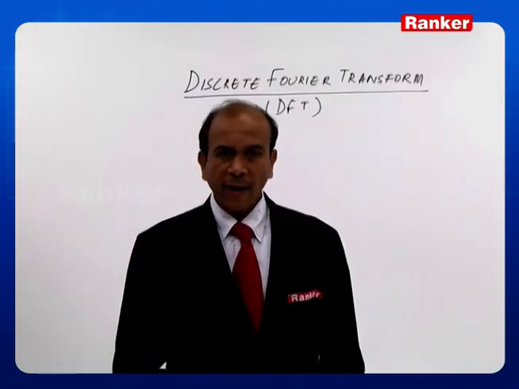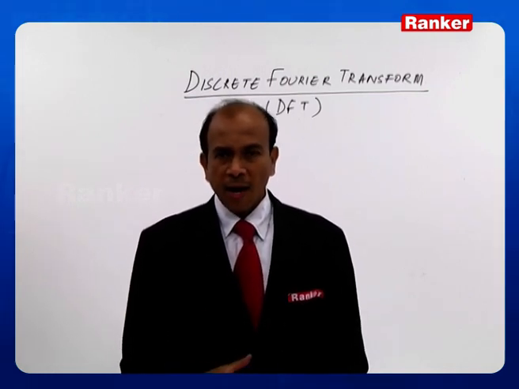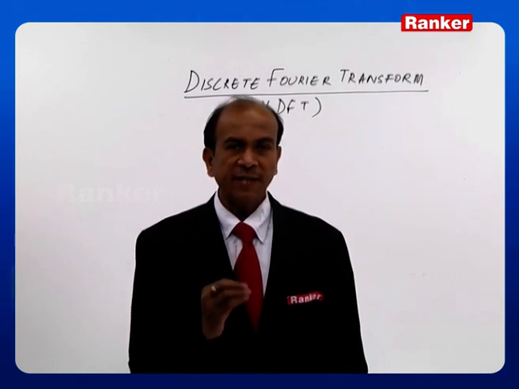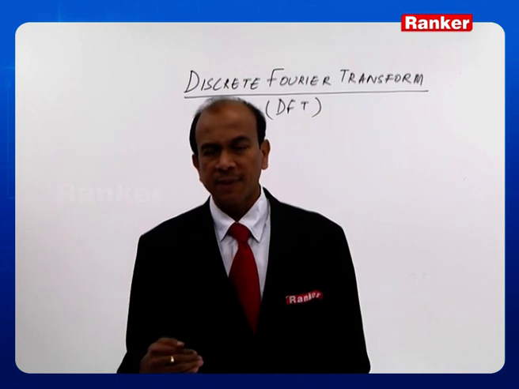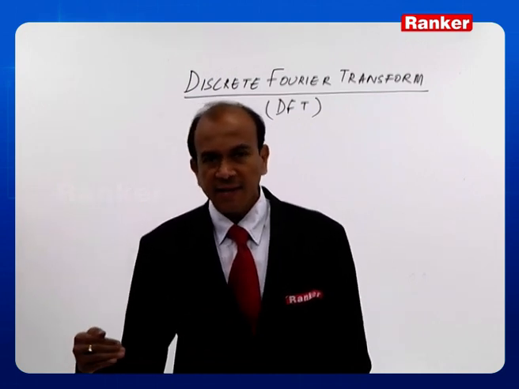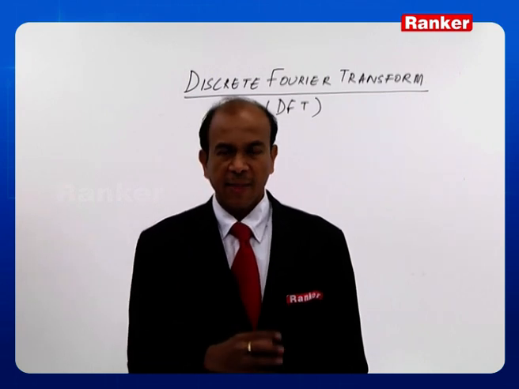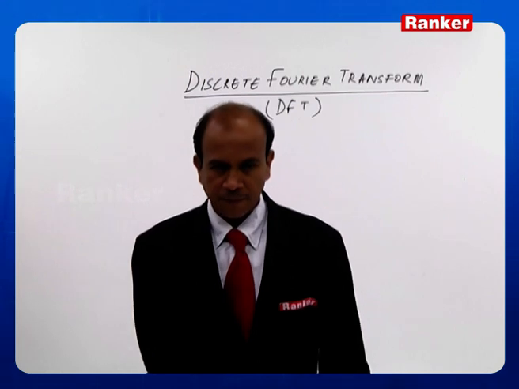Unlike the DTFT, which is a continuous function of omega, the DFT will represent samples. The samples are equally spaced samples of the DTFT of the signal, so I get a DFT for that.